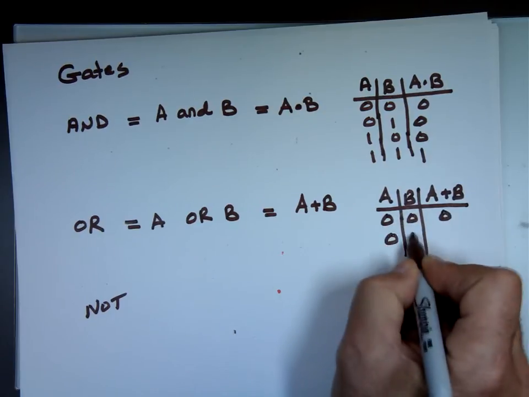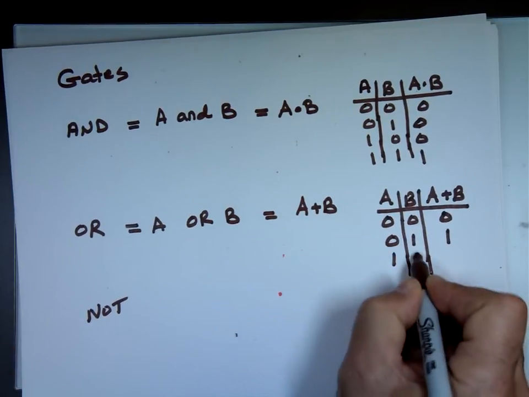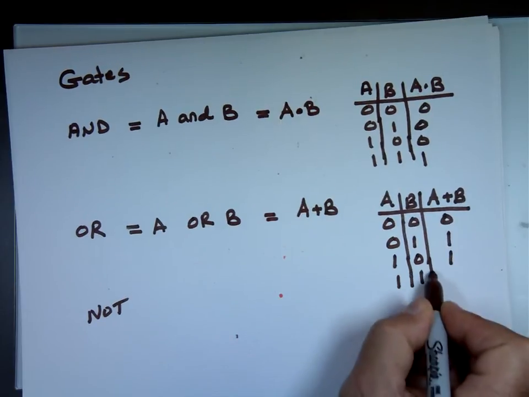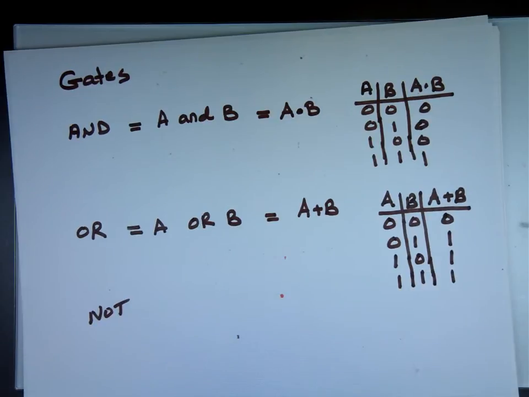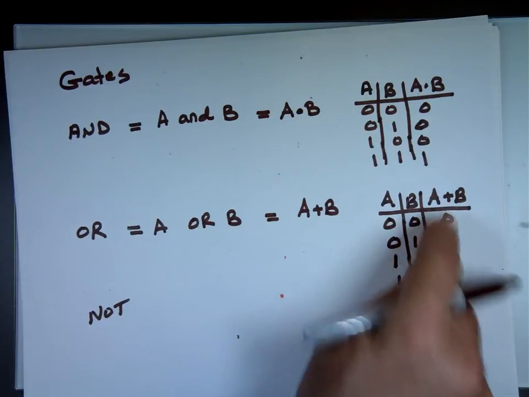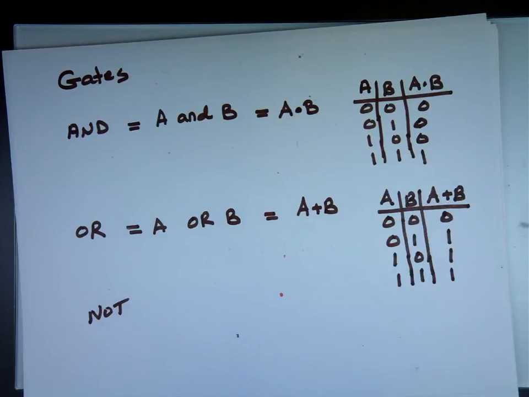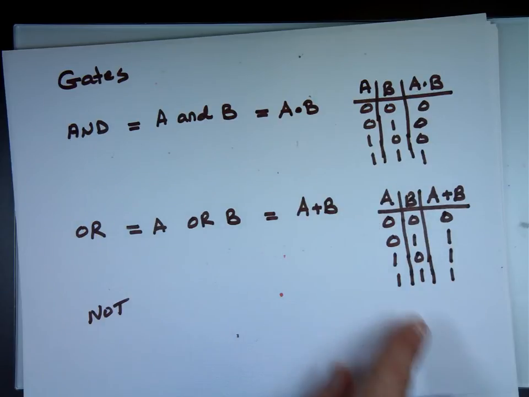What's 0 plus 1? 1. What's 1 plus 0? 1. What's 1 plus 1? Now 1 plus 1 is normally 2, but here it is actually 1. So an OR gate is not a straight addition, but we use the addition symbol to indicate that's an OR gate. So for an AND gate to be 1, both of them have to be 1. For an OR gate to be 1, at least one of them has to be 1.